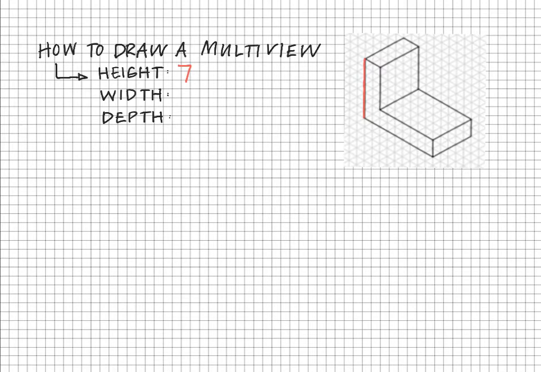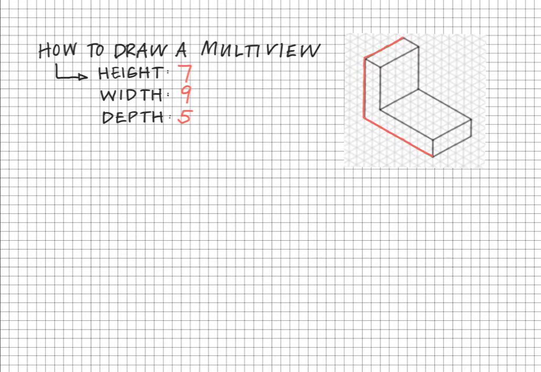My overall width, or my distance from left to right, is 1, 2, 3, 4, 5, 6, 7, 8, 9 units. And then my depth, or my overall distance from front to back, is 1, 2, 3, 4, 5 units.